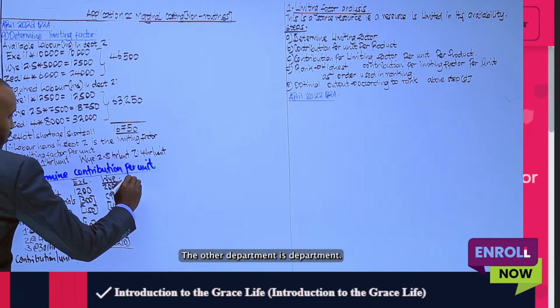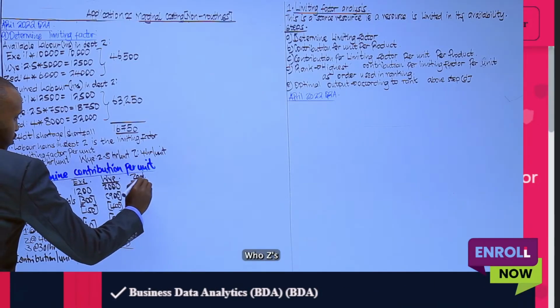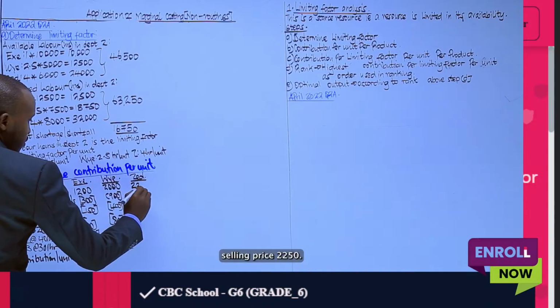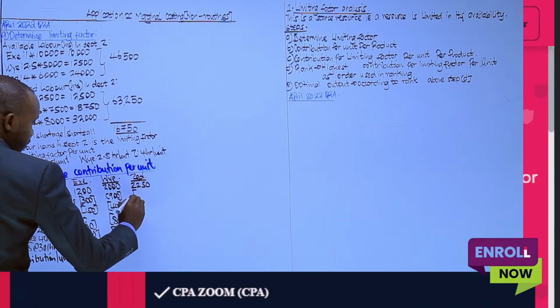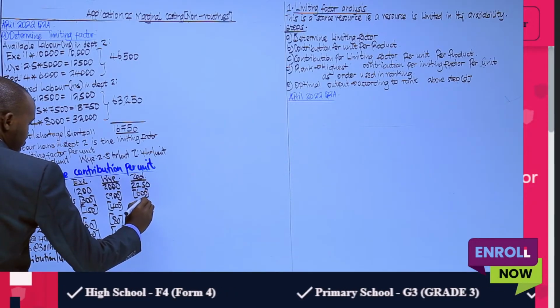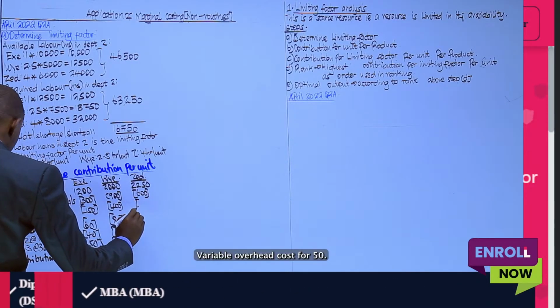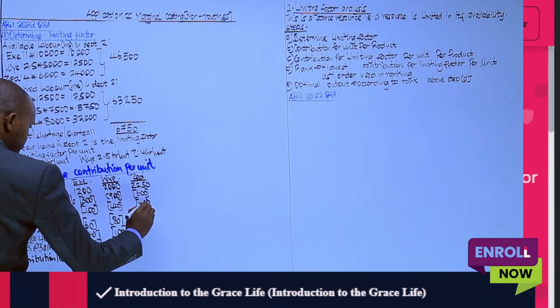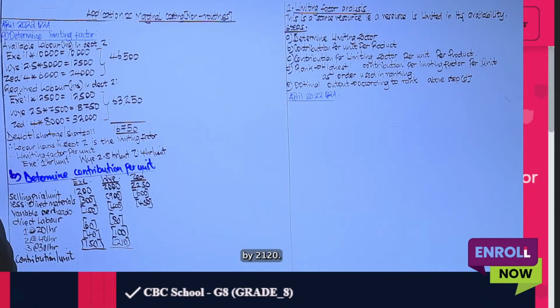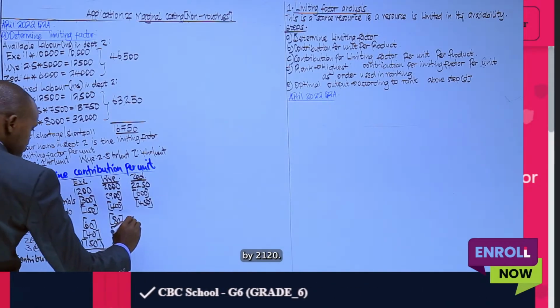The other product is Z. Your selling price 2250. Material cost 600. Variable overhead cost 450. Labor cost of 6 by 20 is 120.